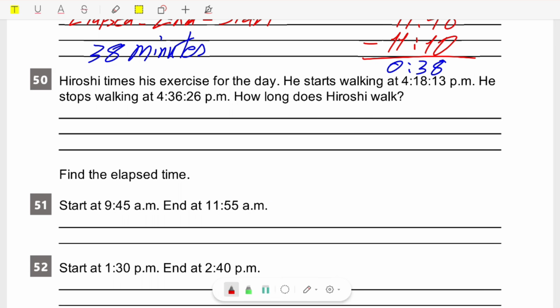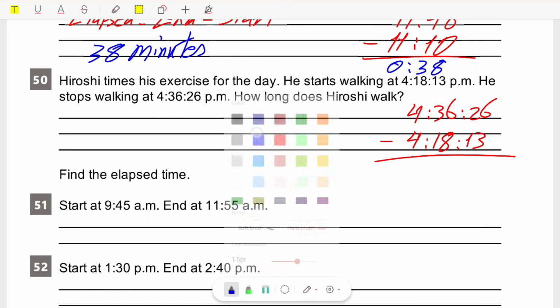So subtract, start with 4:36:26 minus 4:18:13. Let's subtract. So 26, we're going to start with the seconds section first. 26 minus 13 equals 13.